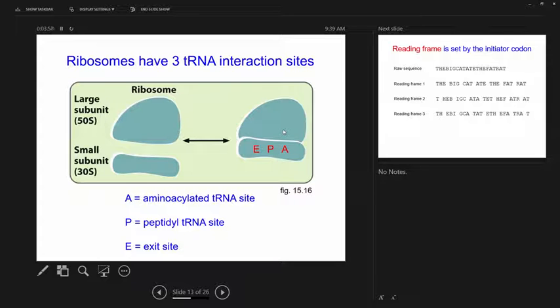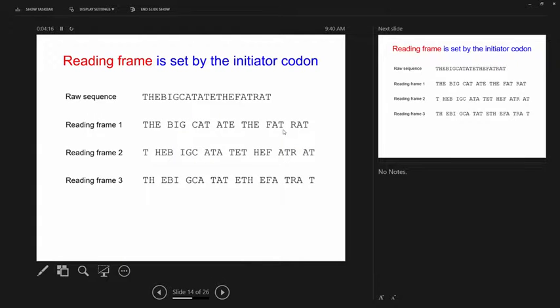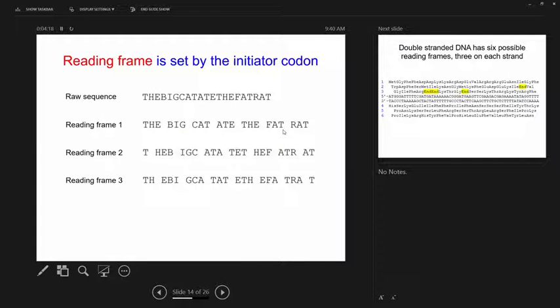The transfer RNA that has the entire polypeptide or protein being made is in the P site, and then once the transfer RNA loses its connection to an amino acid, it ends up in the E site and goes away to be recharged. So it's easier to understand coming up in just a little bit when I talk about how it actually works.